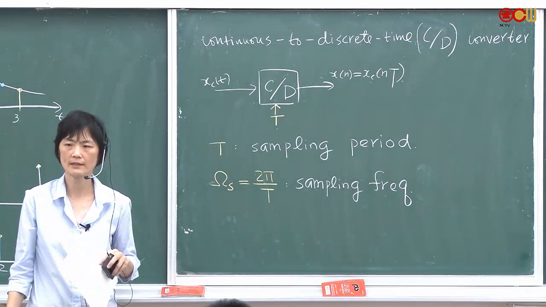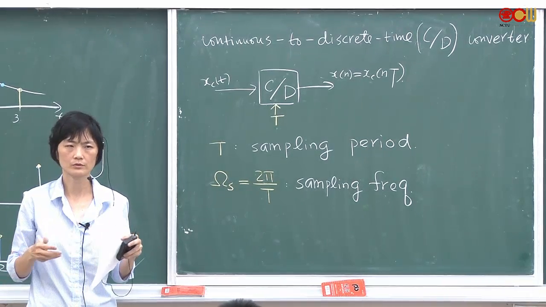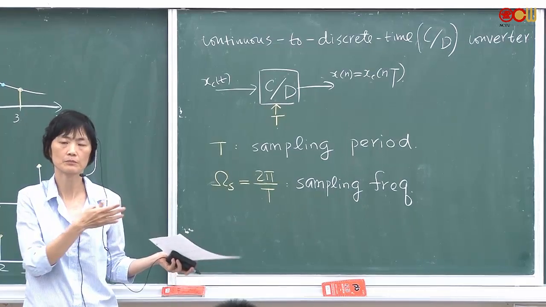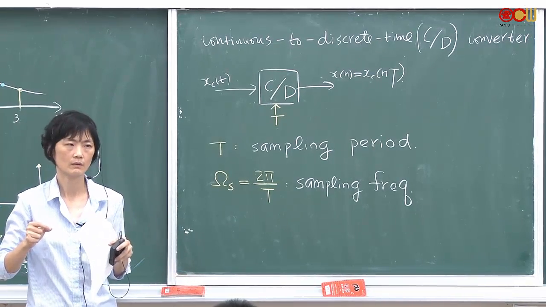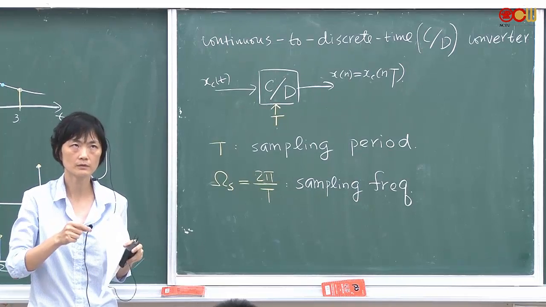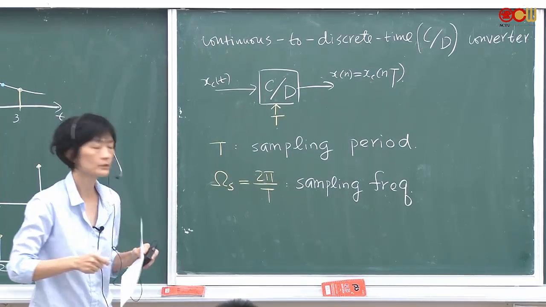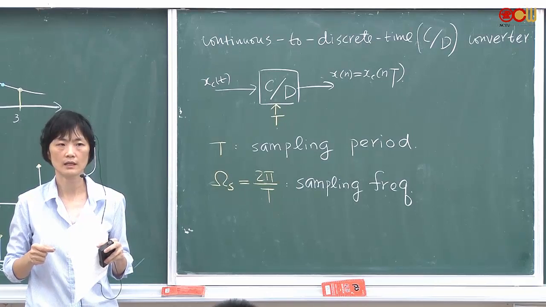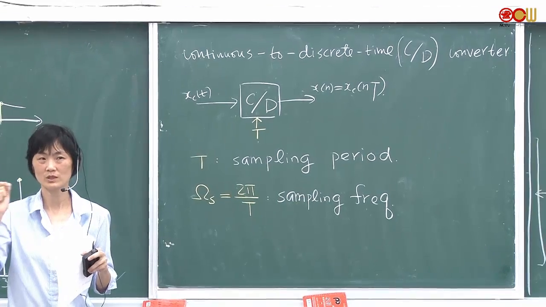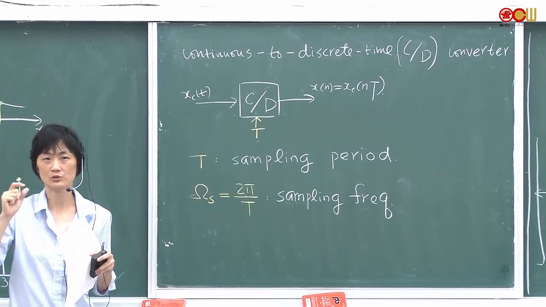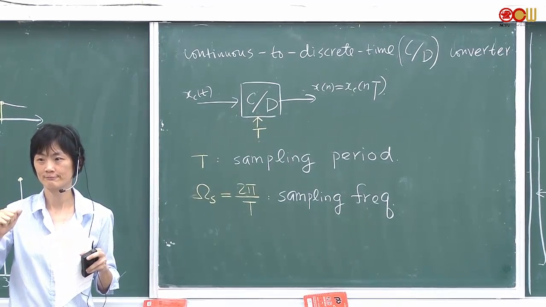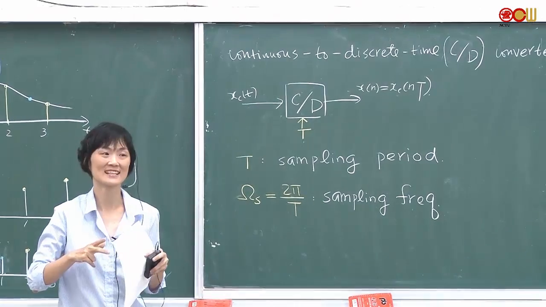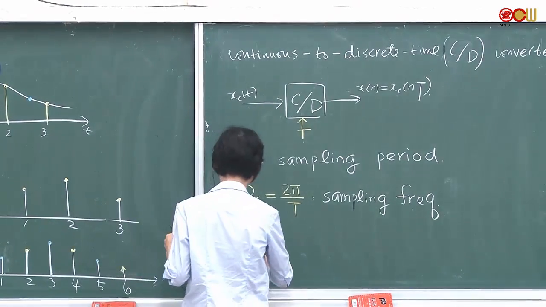actually, when you talk about sampling, you may see it elsewhere. Usually there's a parameter. They don't say sampling period or sampling frequency, they say something else. When we talk about sampling, there's usually a parameter that we refer to. Yes, thank you. Sampling rate.